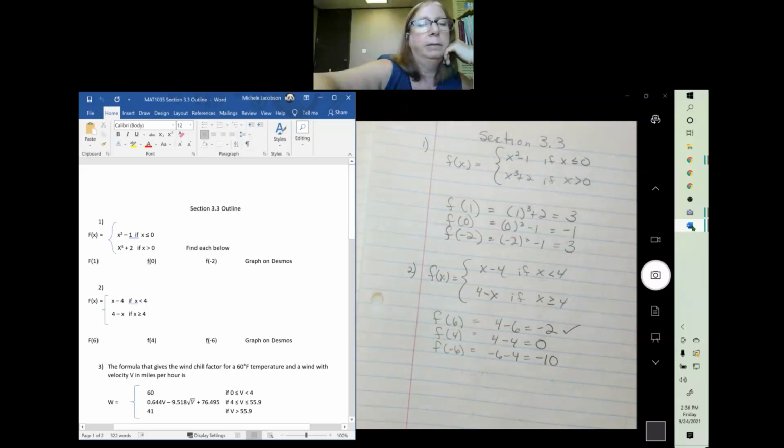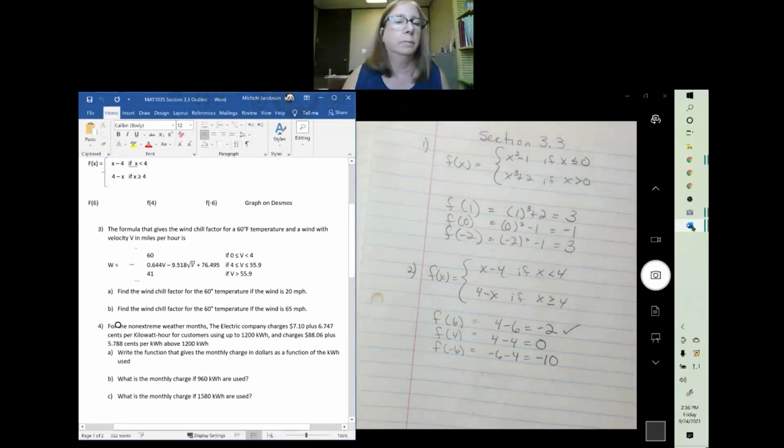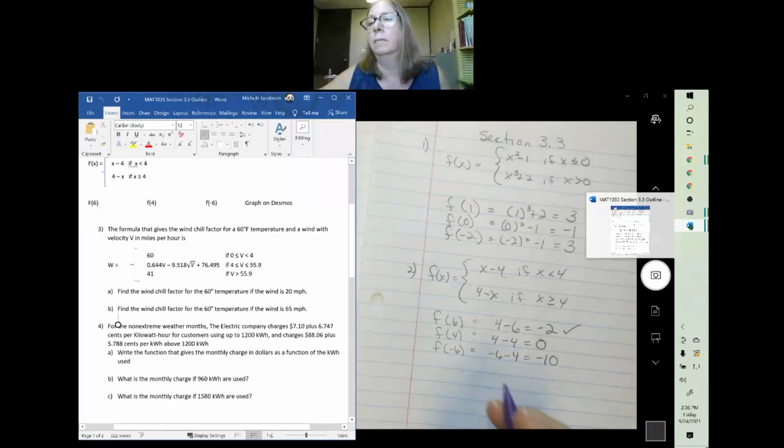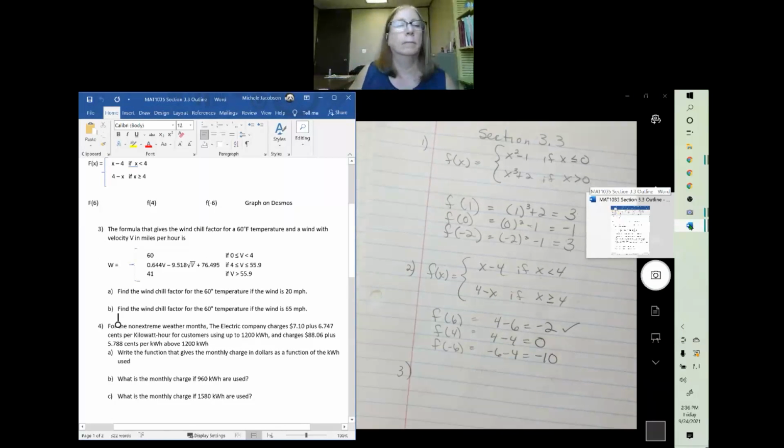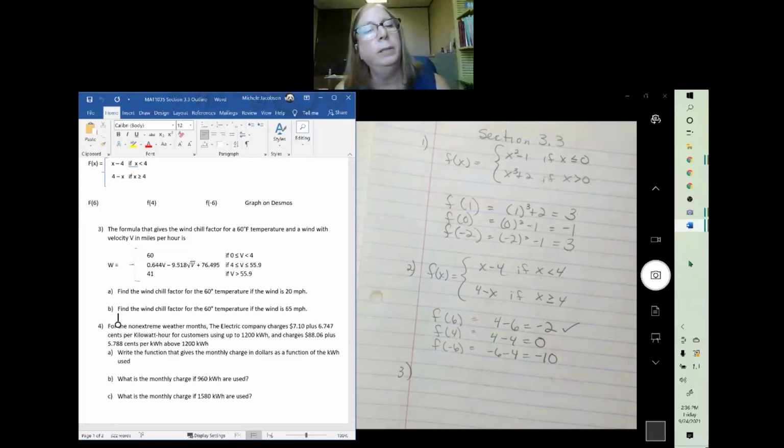Number 3. The formula that gives the wind chill factor for a 60-degree Fahrenheit temperature and a wind with velocity v in miles per hour is given by these formulas.